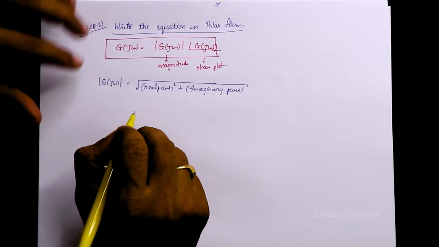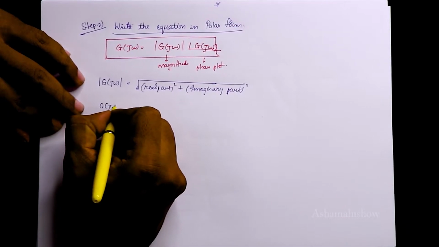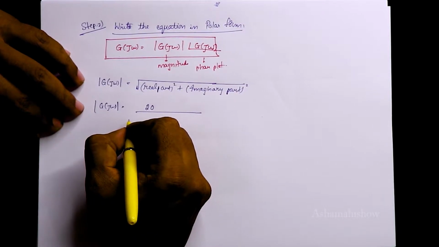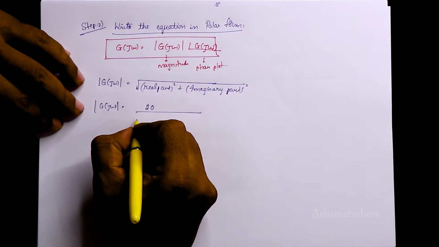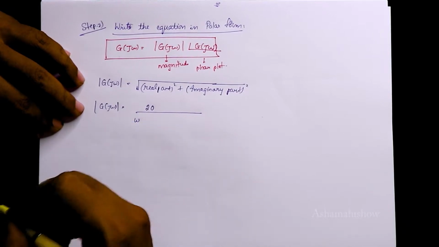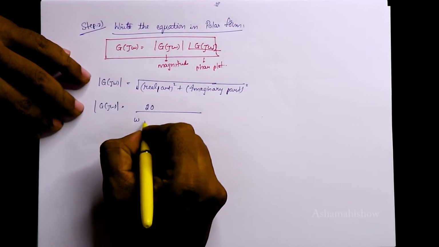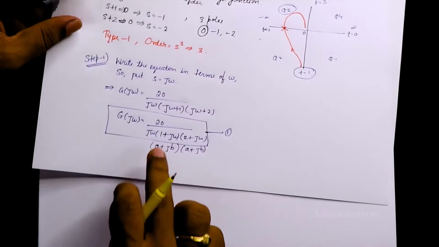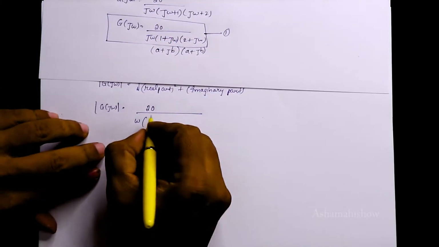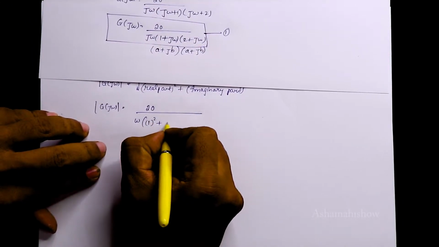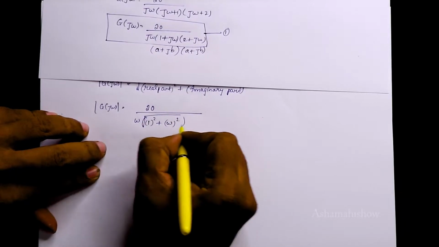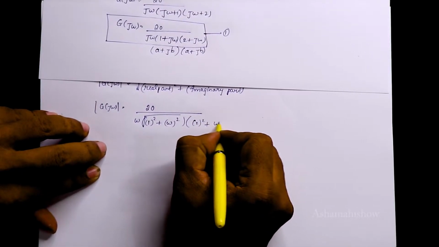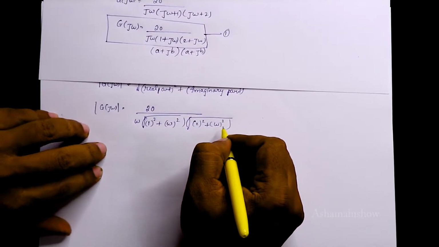So let us write modulus of G(jω) equal to 20 by ω, because I am just taking j out, into, for 1 + jω, the square root of 1 squared plus ω squared, into, for 2 + jω, the square root of 2 squared plus ω squared. 2 is the real part, ω is the imaginary part.